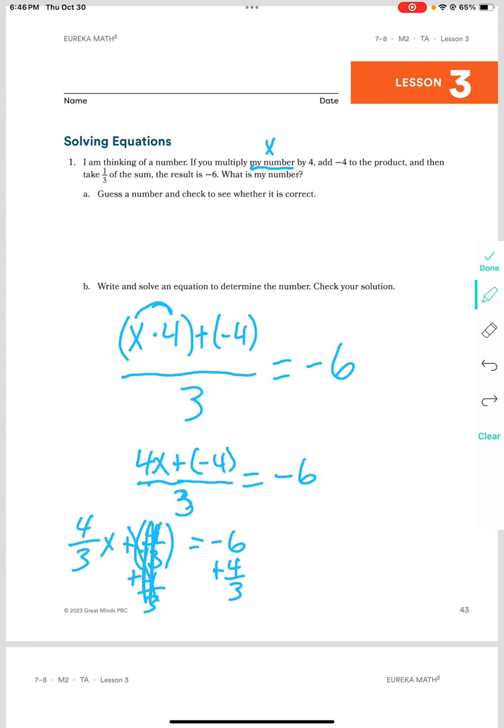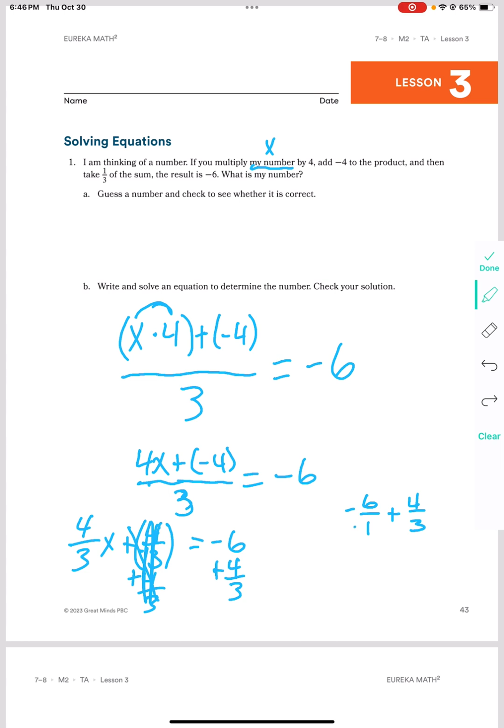So I'm adding a whole number to a fraction, so I need to turn the whole number into a fraction. That would be negative 6/1 plus 4/3, right? In order to do this, the denominators have to be the same.